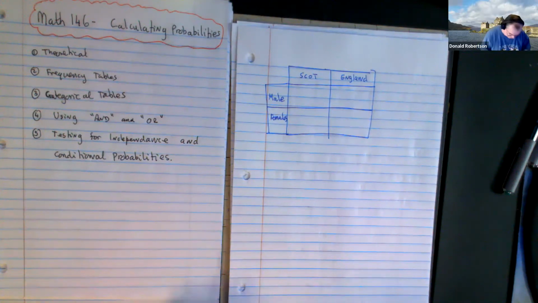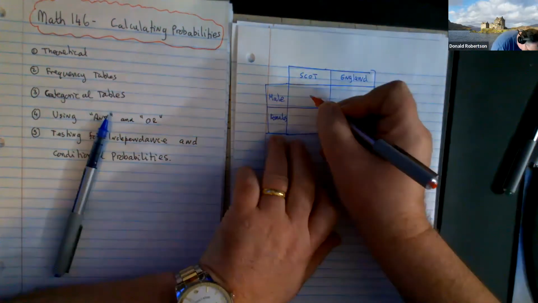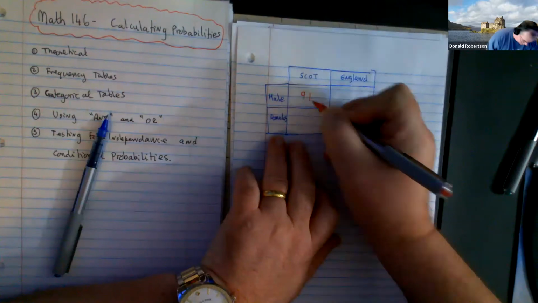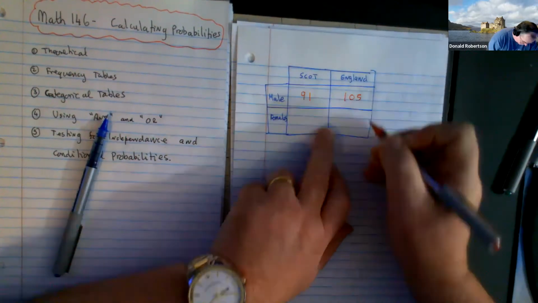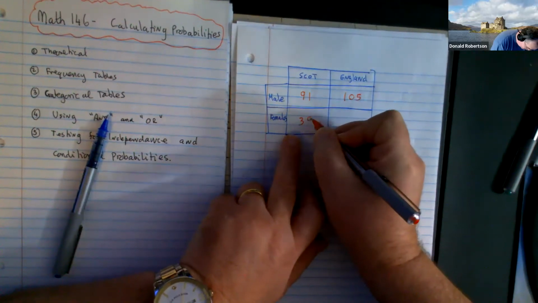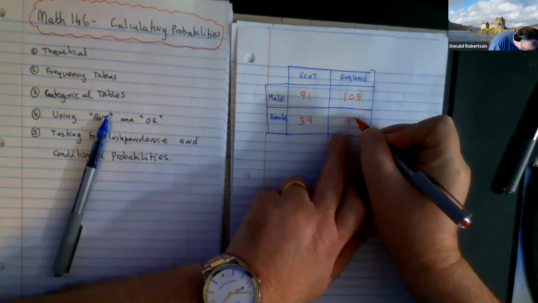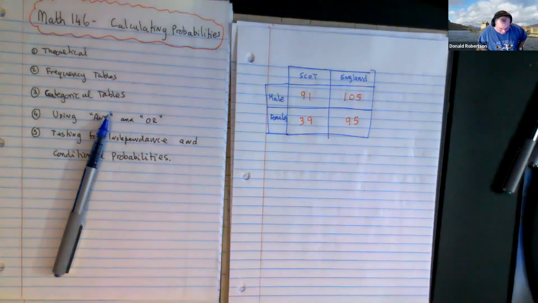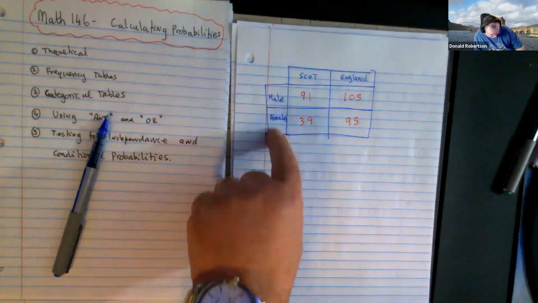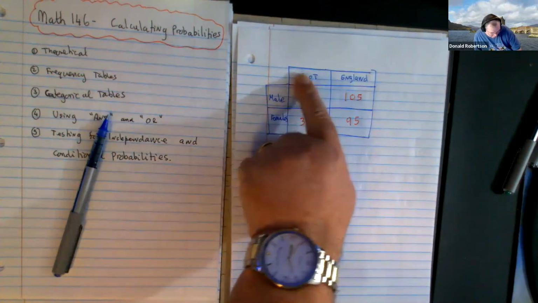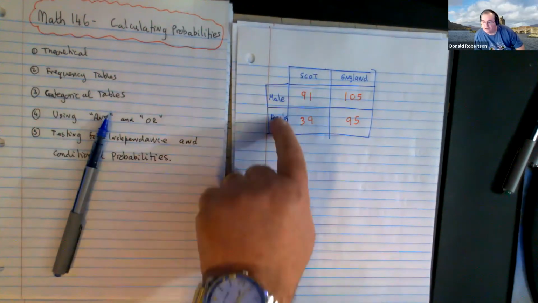And 91 of these, 105 of them, 39 of them, 95 of them. So in a categorical table, you have two variables, in this case, what they are, Scottish or English, and what they are, male or female.